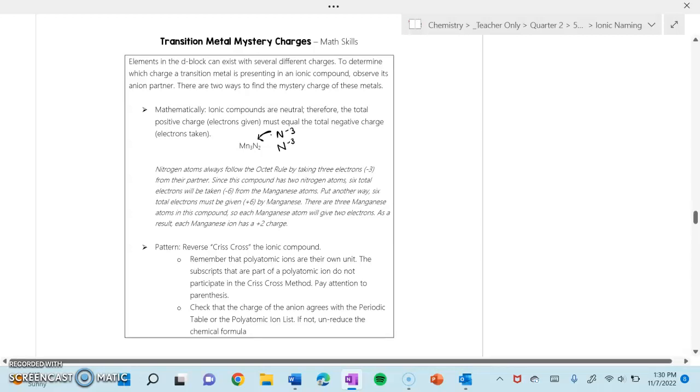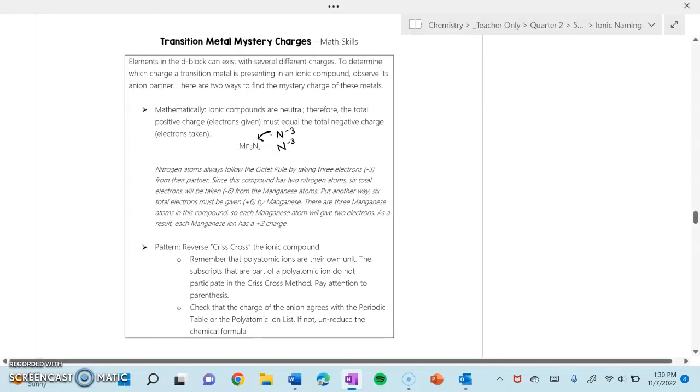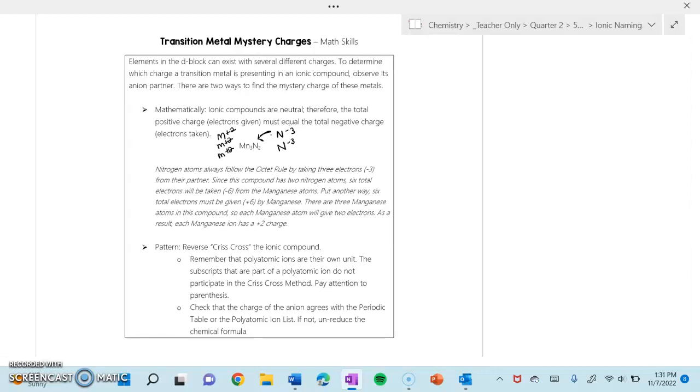That's a total of 6 kind of puzzle piece teeth. That means the manganese each have to give the same amount in order to be the same total, 6 and 6. There are 3 manganese atoms in this compound, so each manganese will give 2 electrons, and as a result, each manganese ion has a +2 charge.